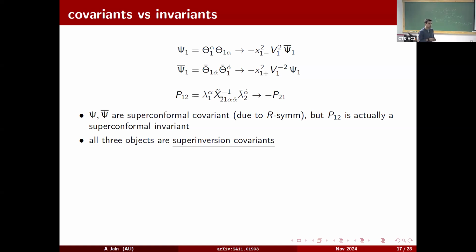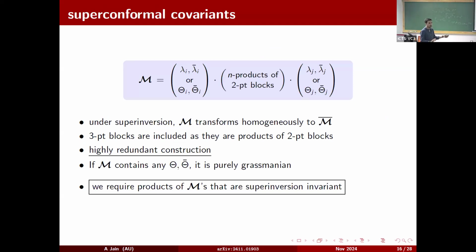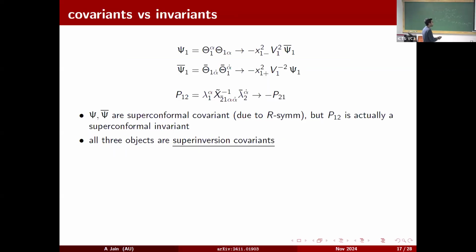Similarly, if you remember the conformal case, we had made the Pij, built out of lambda 1 and then x and then lambda 2 bar, which is exactly the case here. Under superinversion, this goes to minus P21, which is what I wrote as well. So these are basically the supersymmetric extensions of the conformal invariants. I listed just 3 of them, but using this strategy, you can write down a lot, probably like 50 or something. But what we need to do is make an independent set. So how do we make invariants out of them?